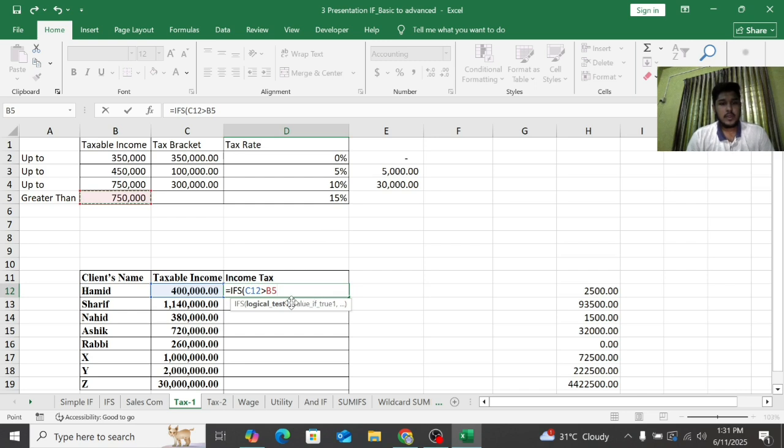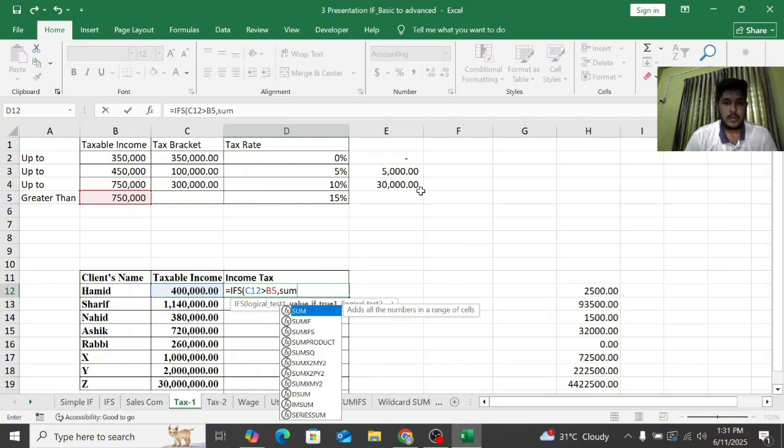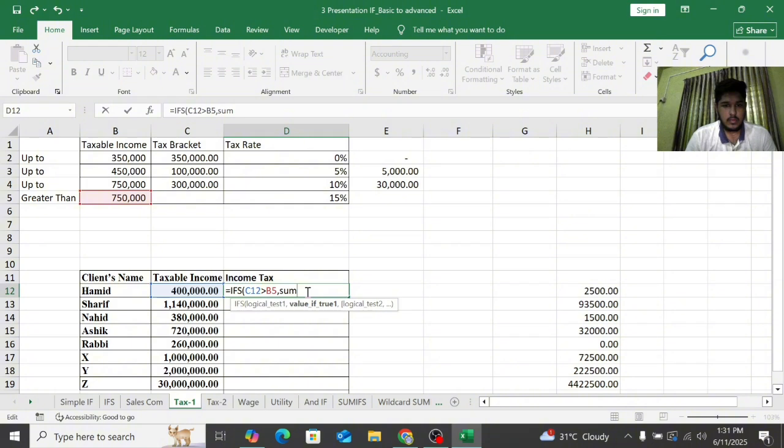So if it is like that, our condition will be to sum both of these: you have to sum both of these, plus you have to subtract our taxable income and the 7,50,000.